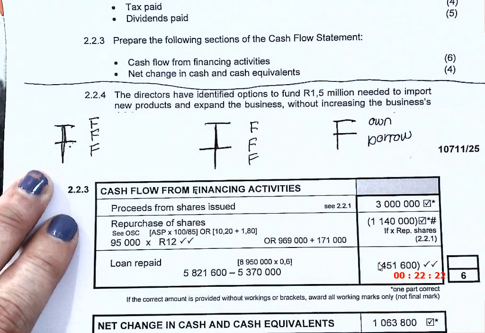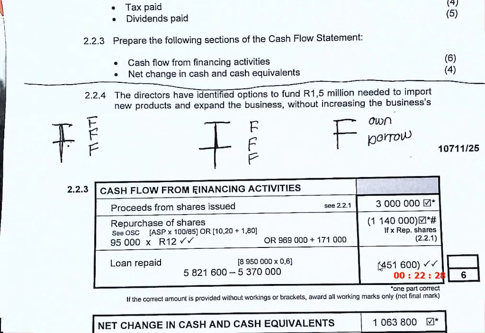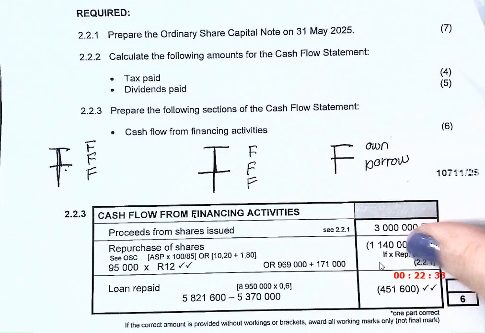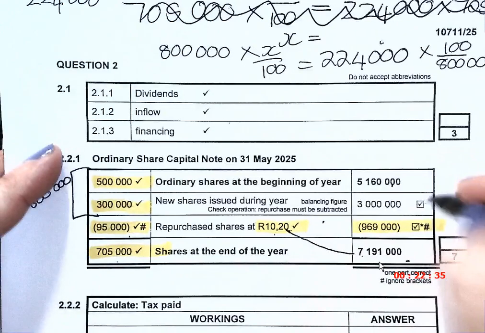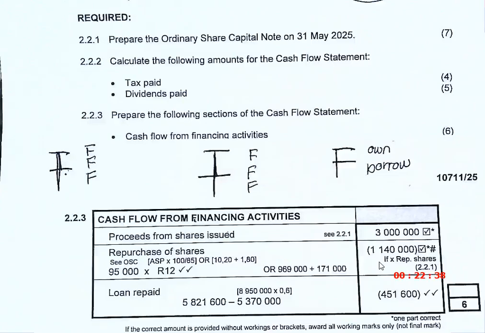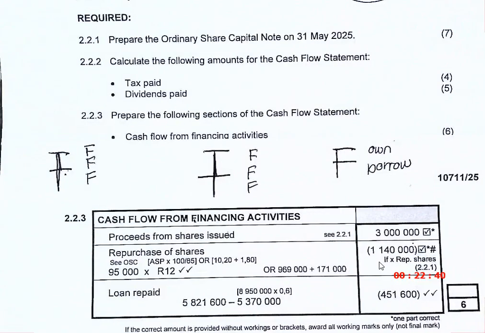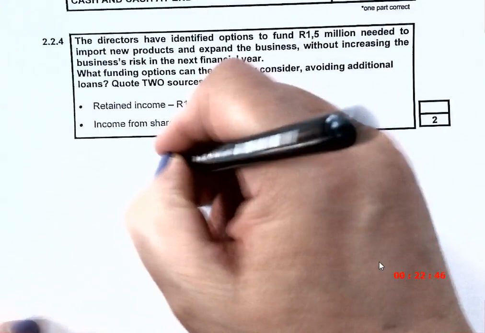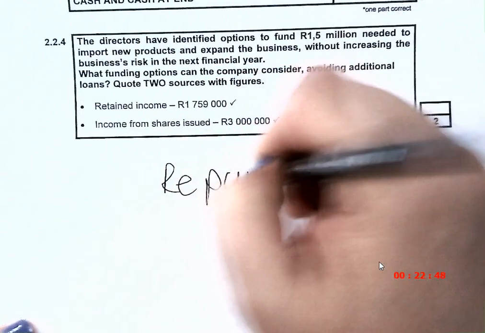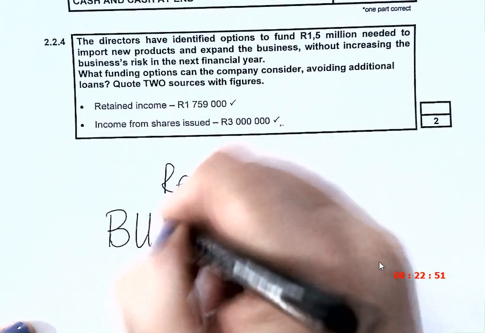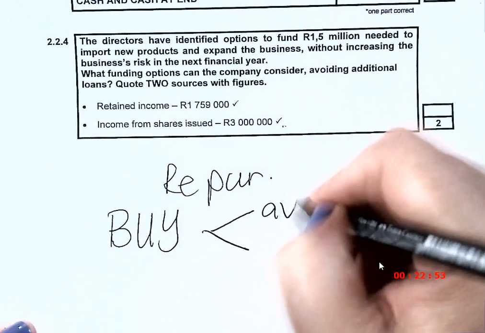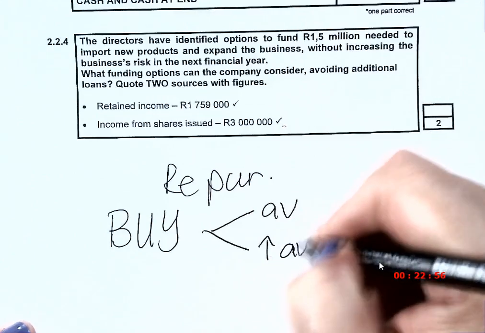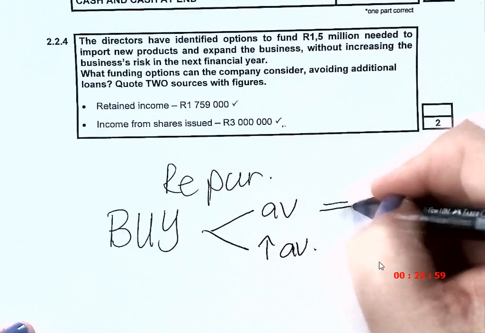Okay. Now, what do I already have? When I look at my question, or even if I go back to my answer, I already got that amount. So I transfer it. The repurchase, be careful. If I buy back, repurchase, I have a buy price, which splits into an average and an above average. The average price I find in the capital.